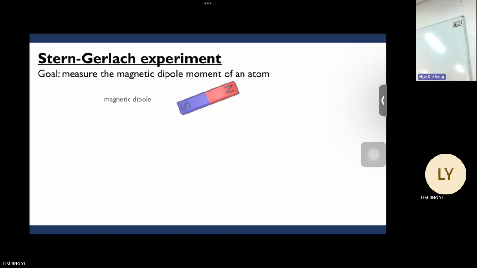Okay, so what is the Stern-Gerlach experiment? In 1920, just a few years after Niels Bohr and Planck postulated the concept of quantization, Otto Stern and Gerlach designed an experiment to measure the magnetic dipole moment of an atom. So what is the magnetic dipole moment? A magnetic dipole is as simple as a bar magnet with two poles, the south pole and the north pole.